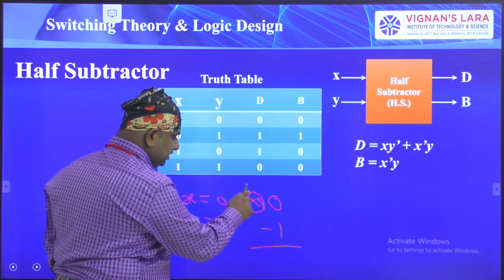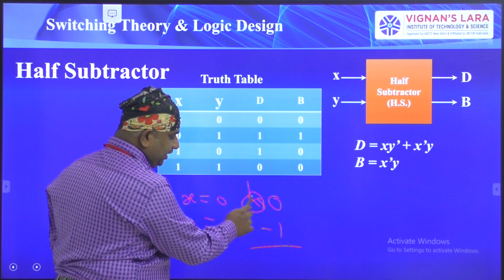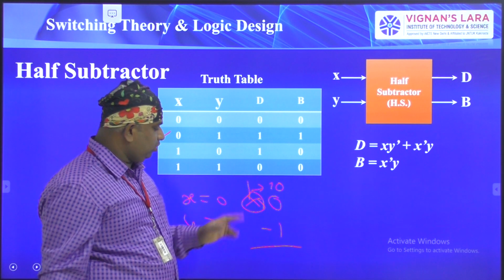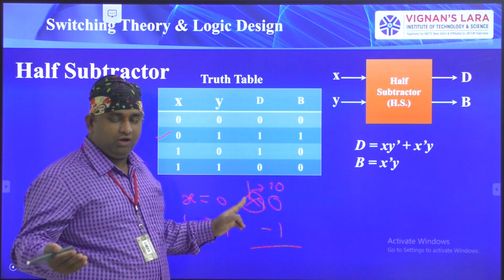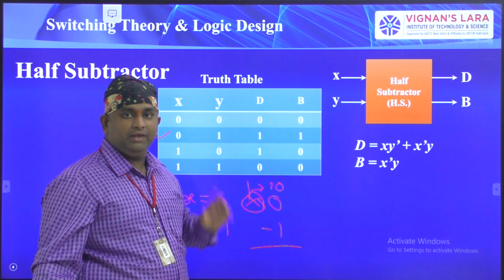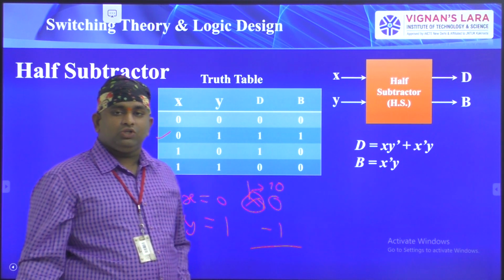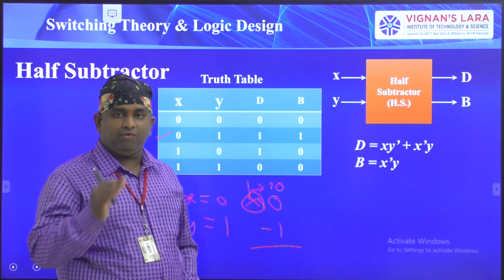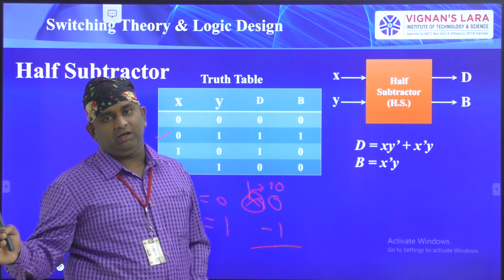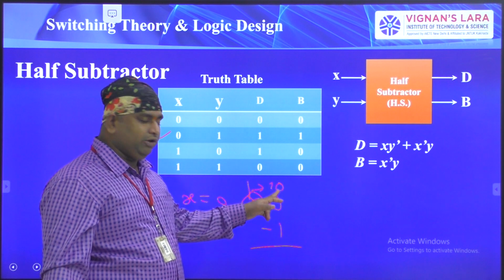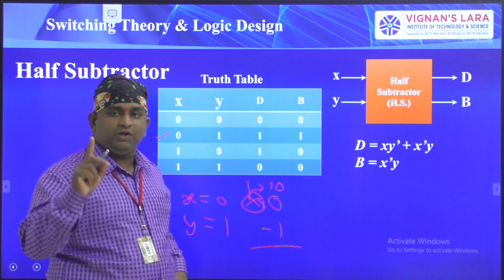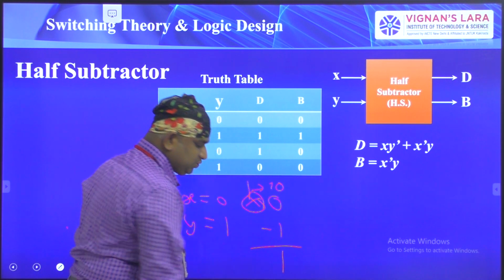So I am taking 1 from here, and when it comes to this position the value becomes 1 0. That 1 0 in binary is equal to 2 in decimal. So now the value of 1 0 is equal to 2. 2 minus 1 is equal to 1.